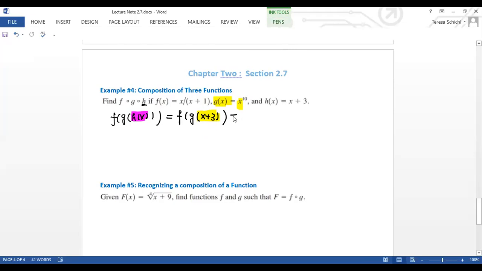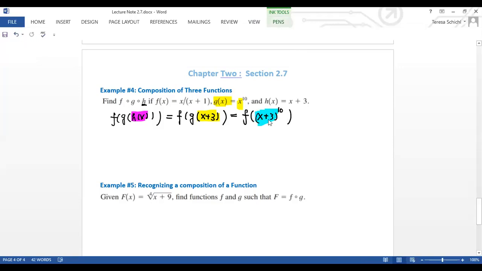I still have this f function out here, so everything in g, the x needs to be replaced with x plus 3. So this is x plus 3 to the 10th power.